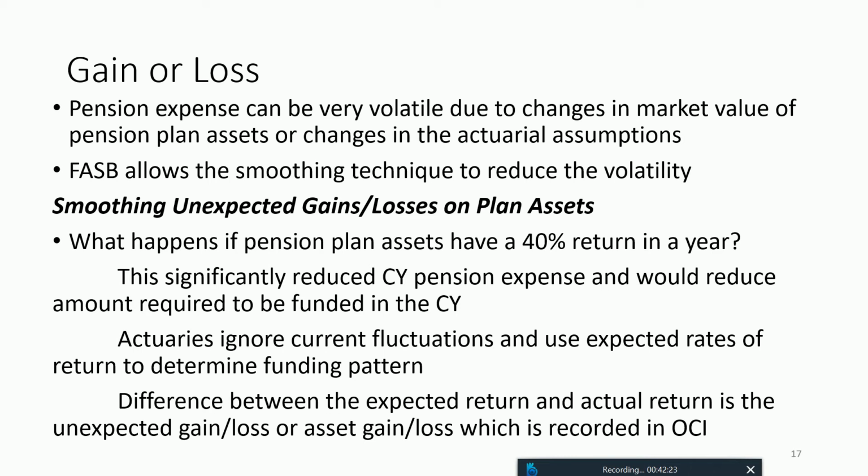The difference between the expected return and the actual return is the unexpected gain or loss, or asset gain or loss. That also gets recorded to OCI, and then it will get amortized into pension expense over time as well.